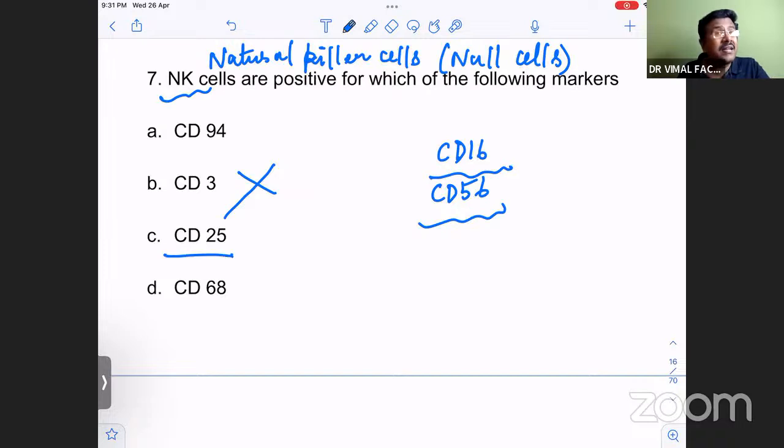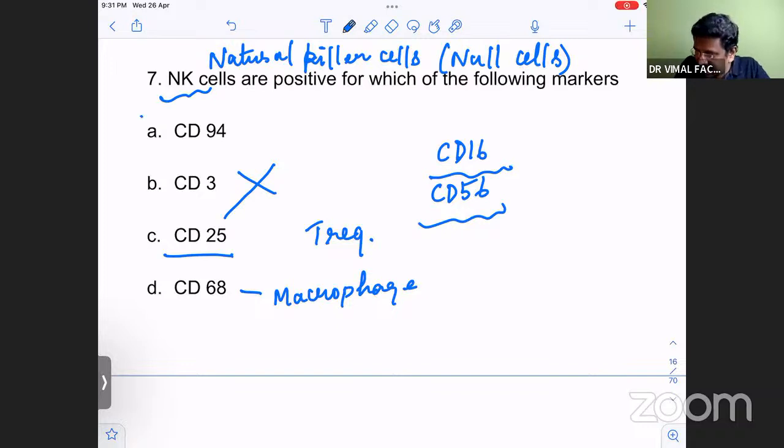CD25 is for T regulatory cells. What is the role of the T regulatory cells? They prevent autoimmunity. And CD68 is actually a macrophage marker, the monocyte macrophage lineage.